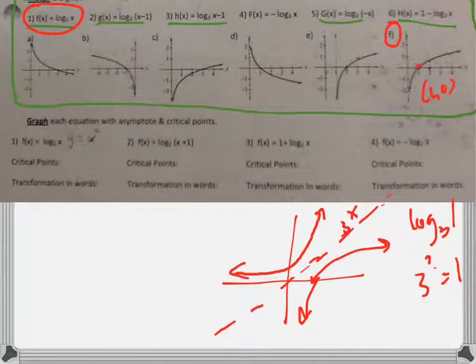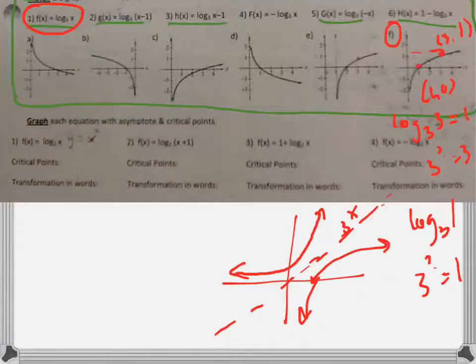This point right here, when x is 3, log base 3 of 3 equals what? 3 to what power equals 3? 1. And that's why this point right here is 3 comma 1. Alright, so there's our base graph.